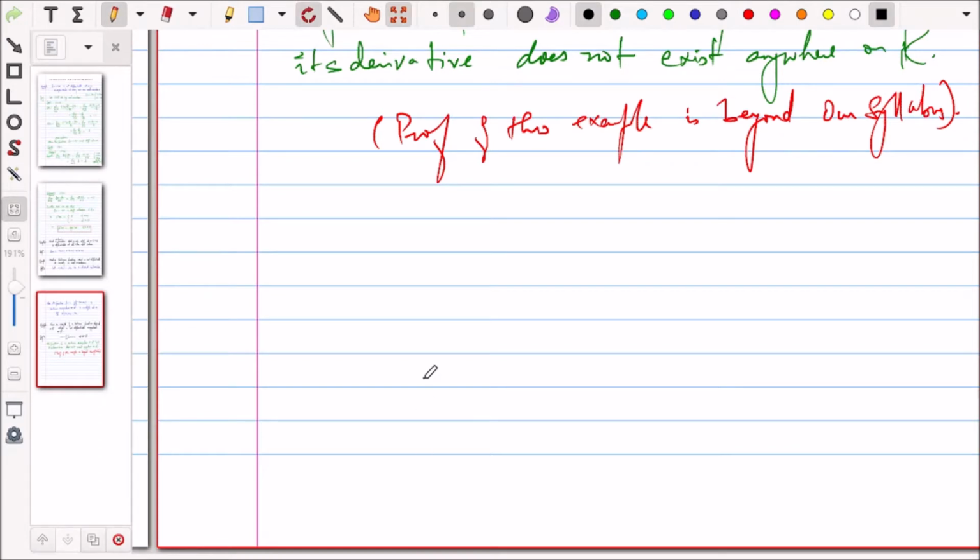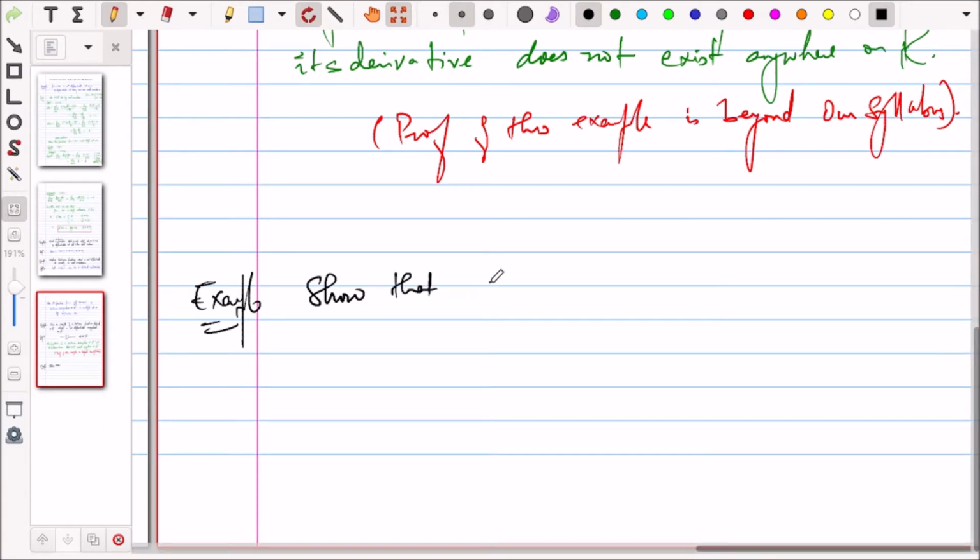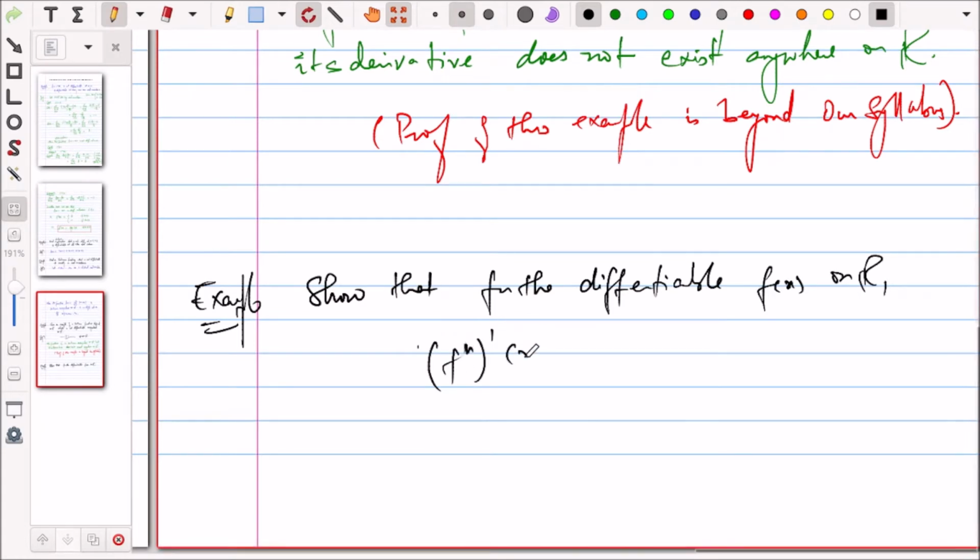Now let us do some more examples using algebra of limits, which we did yesterday. Example: show that for the differentiable function f(x) on R, (f^n)'(x) is equal to n f(x)^(n minus 1) f'(x).